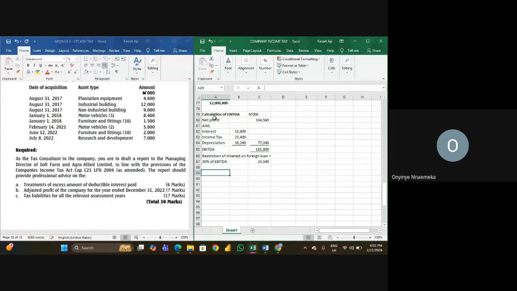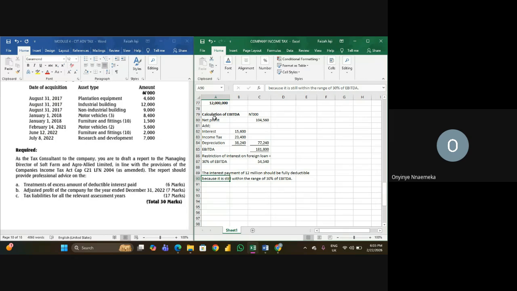So here we are going to conclude that the interest payment of 12 million should be fully deductible because it is still within the range of 30% of EBITDA, something like that.